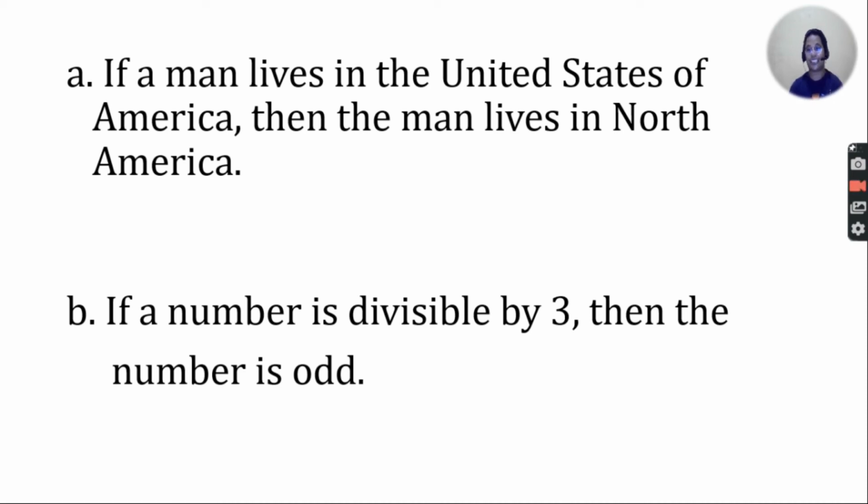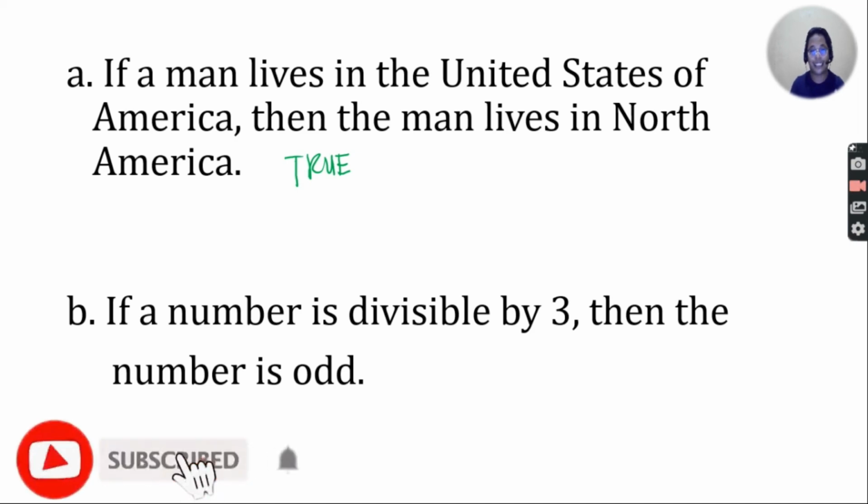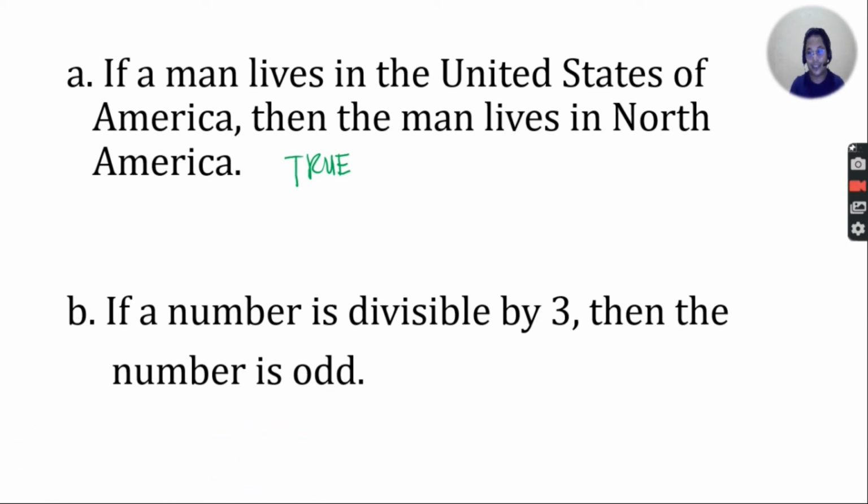So, this conditional statement is true. Why? USA is a country in North America. So, ibig sabihin, pag ikaw ay nakatira sa United States, napapabilang ka din sa North America. So, kaya po siya ay true po. So, di ba po, napaka-simple lang po.